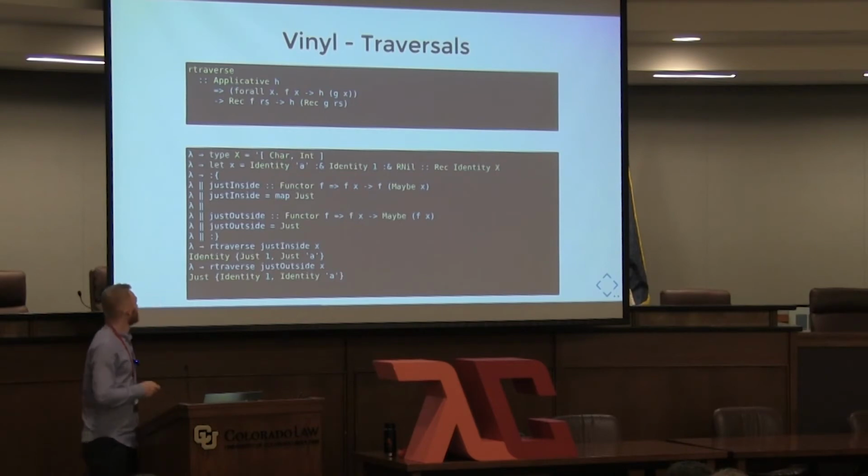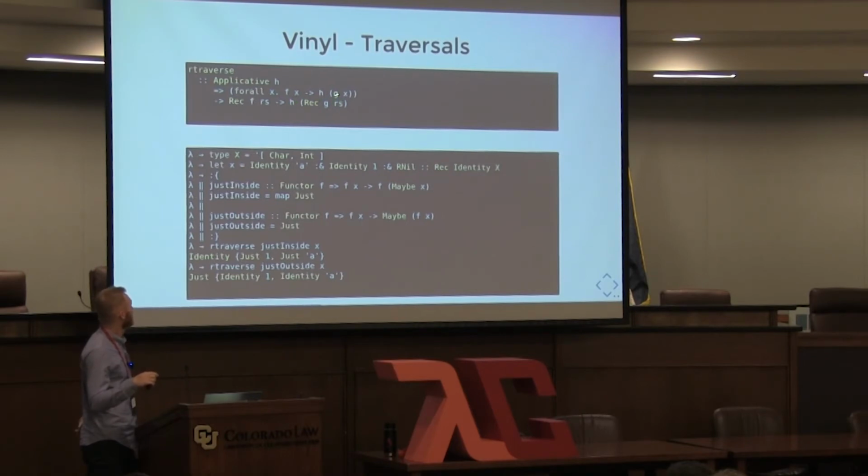So let's break this down. It says, given a way to get from f of x to h of g of x, my record f of rs, and I will sequence my effect and get out h of record g of rs.